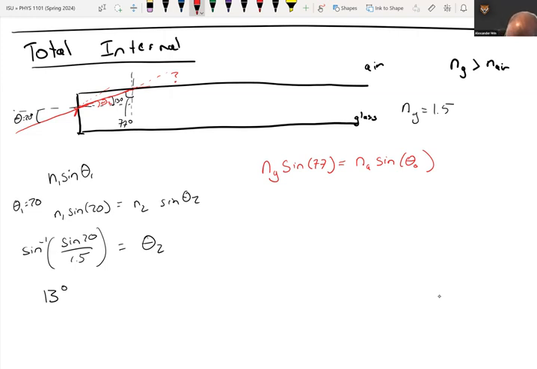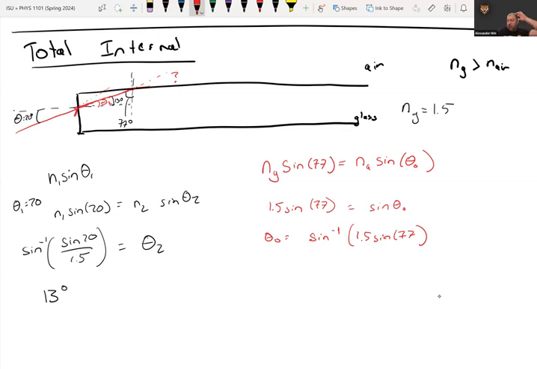When you do this, you'll get 1.5 sine of 77 is equal to sine of theta O. And then theta O is equal to inverse sine of 1.5 times sine of 77. If you try to do this, you will find your calculator won't give you an answer. The reason why is that sine of 77 is pretty close to 1, like 0.97 or 0.96.